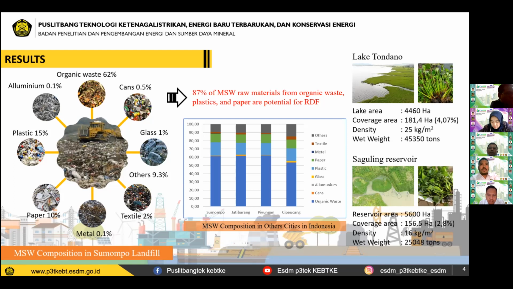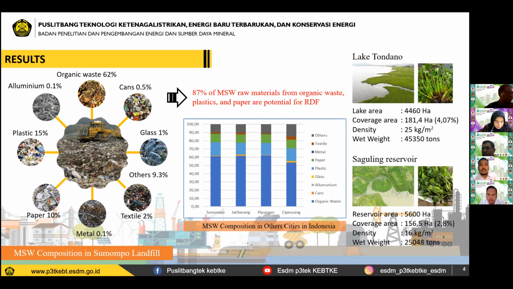On the right, we see the coverage of Eichhornia crassipes in Lake Tondano is around 4%, or 181 hectares, of the total lake area of around 4,000 hectares. Physically, the Eichhornia crassipes in Lake Tondano is larger in size than in Saguling.